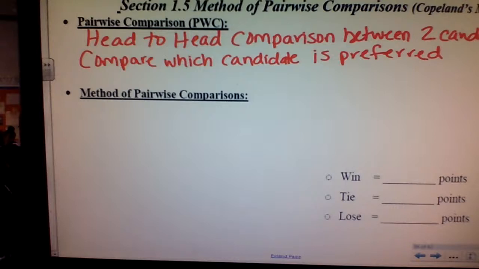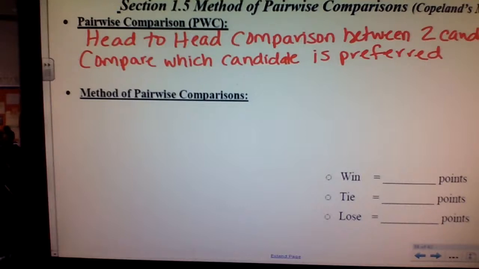Who said yes? Why? Because if there are 4 players, Raul makes one of the players, so there are only 3 left, and he already got 3 wins. Okay, if there are 4 players, you have to play everybody but yourself. So if I have 4 people, he has to play 3. So if he has a score of 3, he's automatically the Condorcet candidate.